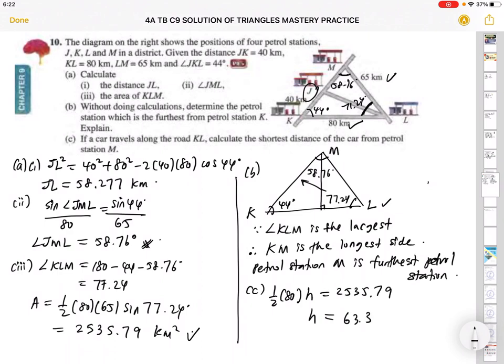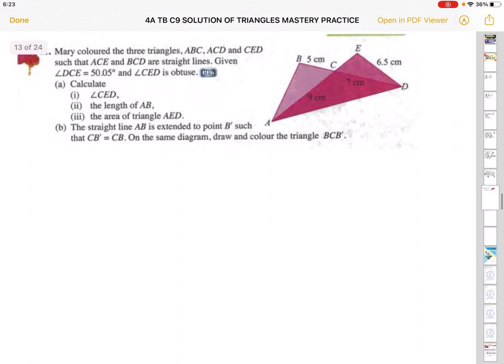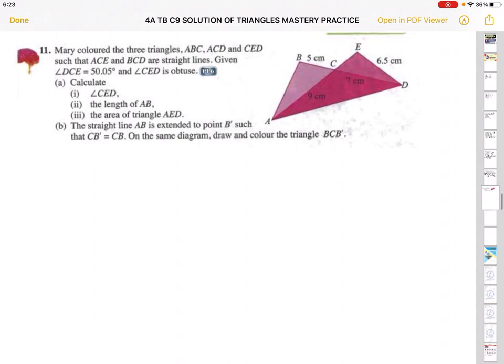All right. Okay, let's move on. Next one. So Mary, okay, this one is very long. Mary colored these three triangles, right? Be hard to see, right? And we're given all the measurements. DCE is now 50.